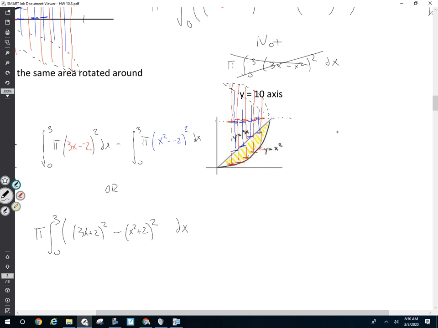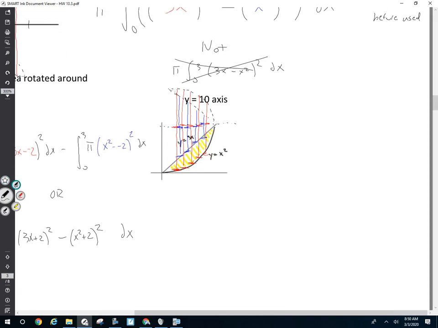Object minus hole. My object, again, left to right, because they're vertical. Object is pi. The r, in this case, the red r's, which are these heights, are a top minus a bottom. That is a 10 minus the x squared. X squared, even though it's on the bottom, it covers my entire object, these red cylinders.